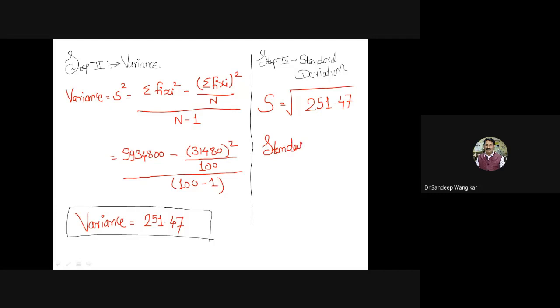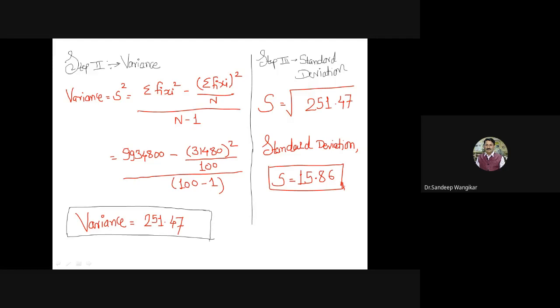So I can say here standard deviation, comma, S is equal to 15.86, and you can give the unit also.